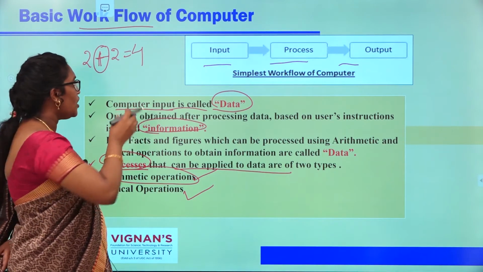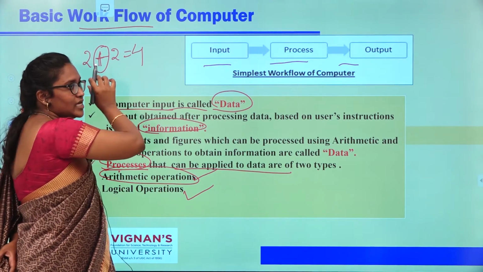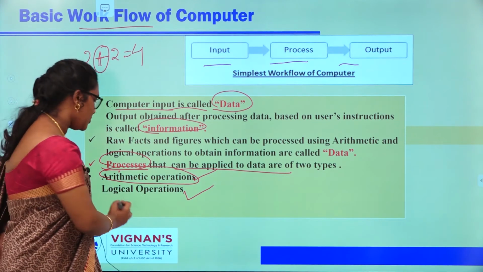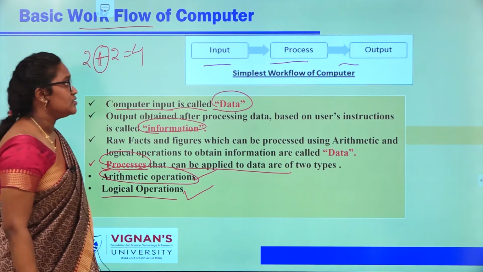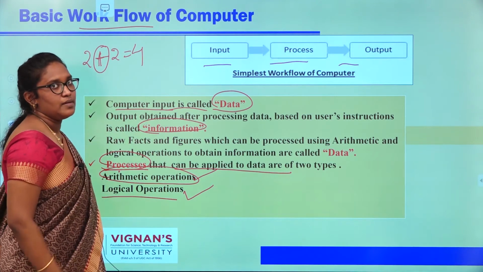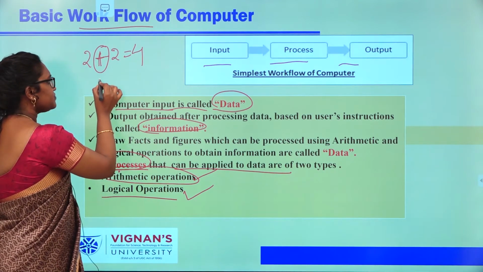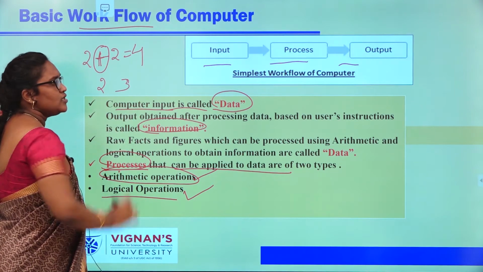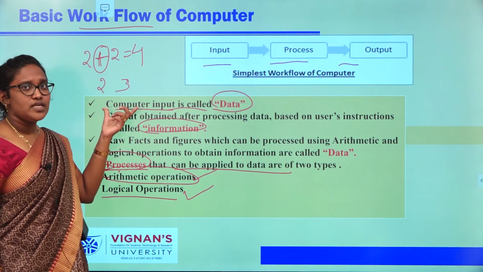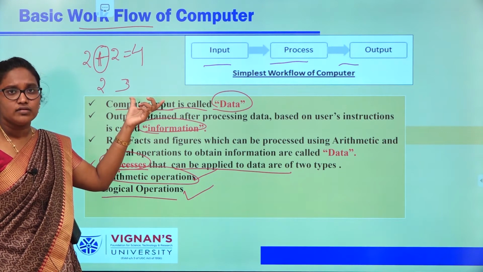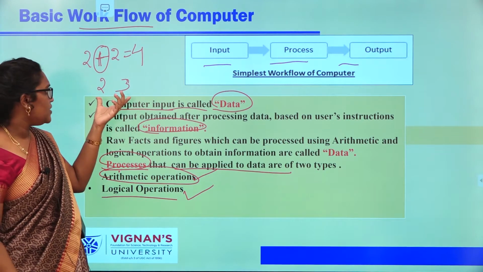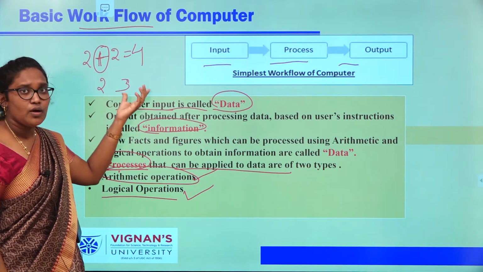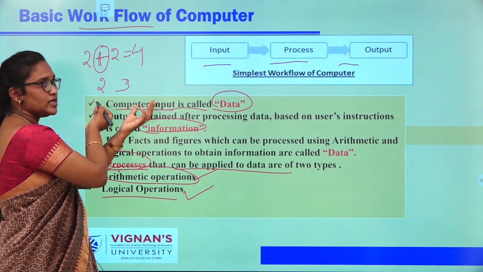That means in order to perform any kind of calculation, we use arithmetic operation. Next one, logical operation. Consider the same example. Here you have two numbers, 2 and 3. My question is, which number is the greatest? That means I am performing a comparison operation between these two numbers.